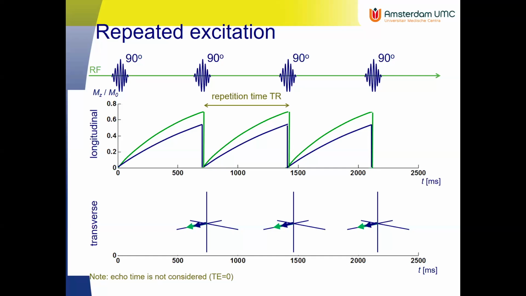So the gray matter and the white matter have different longitudinal relaxation speed, which is called T1, which is a tissue property, and it's informative to us. And we would like to see that in the MR image.